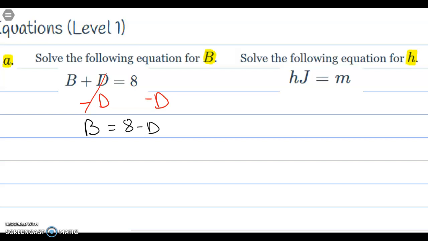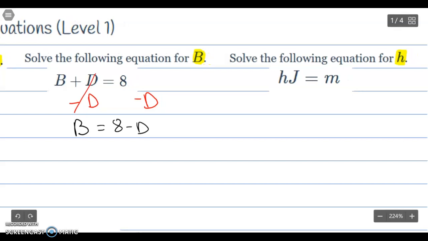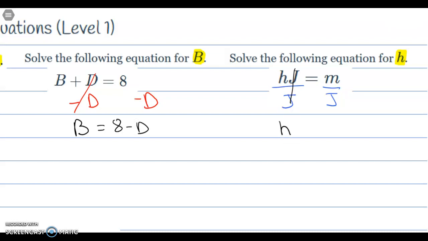All right, let's take a look at this last example where we're going to solve for H. Well, the H is being multiplied by J. The opposite of multiplication is division. So we're going to divide by uppercase J on both sides. Okay, the J's cancel out, leaving us with just H. And then we're going to bring down this whole thing.